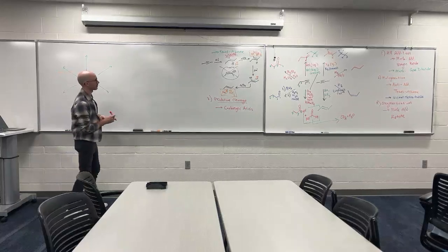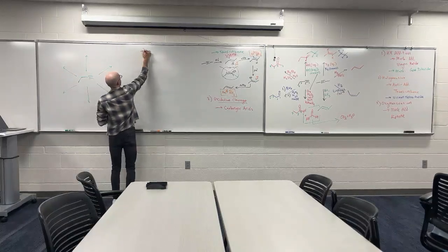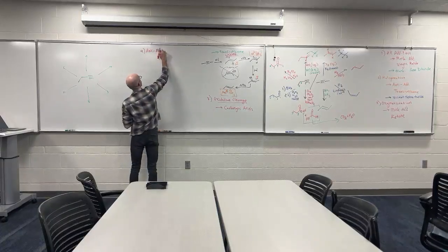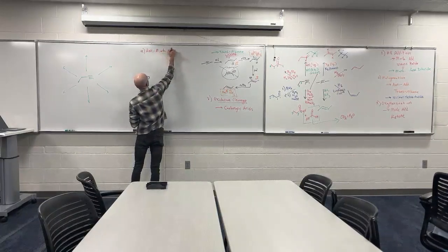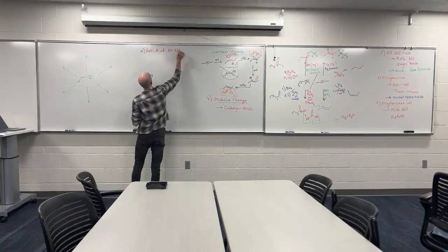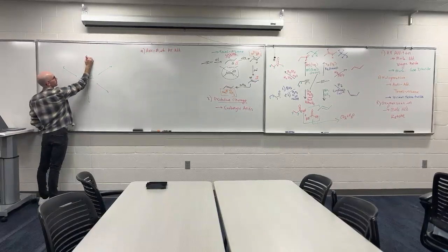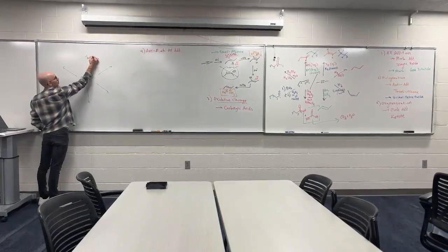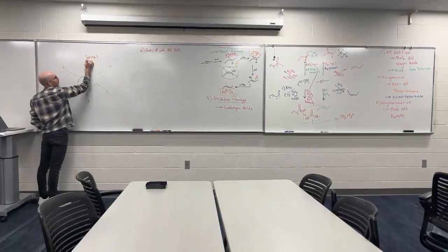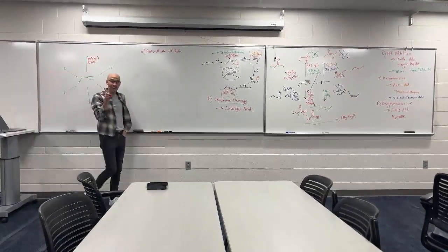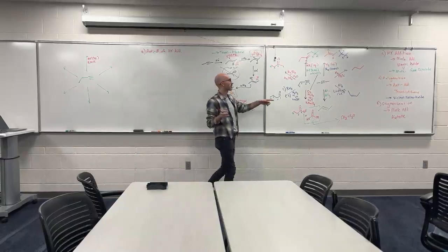So let's call this reaction number 9, anti-Markovnikov HX addition. We'll use HX, 1 equivalent, with peroxide. That is the only distinguishing feature.